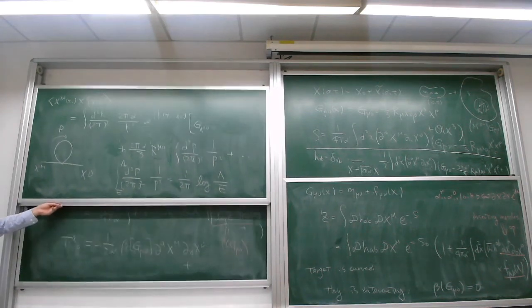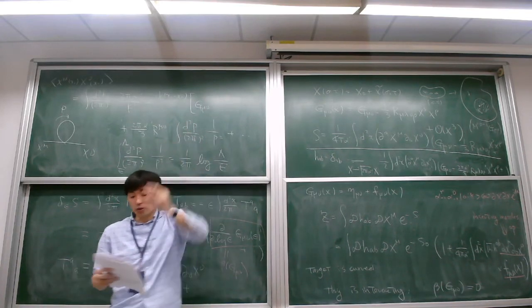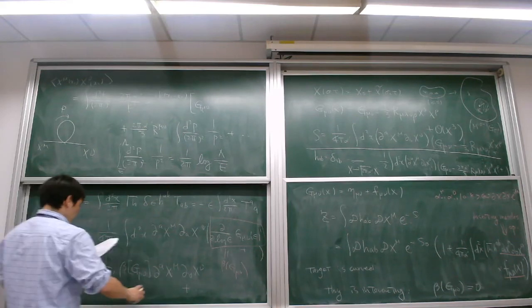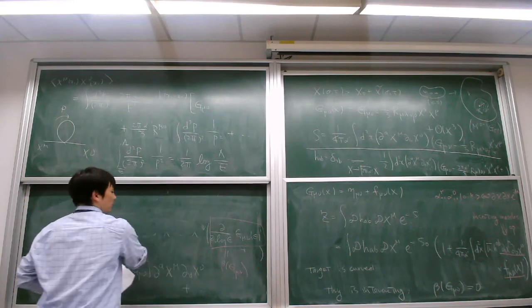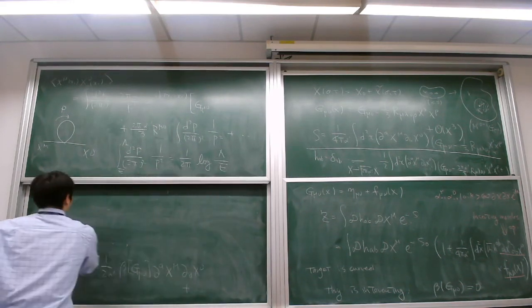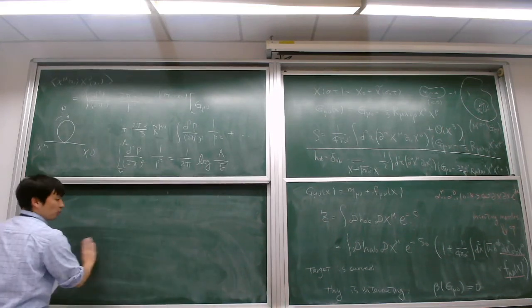That will give you the one loop correction to d g mu nu. I don't have so much time, so I'm just going to be very brief, and I will recap next time a little bit. So this will give you the beta function of g mu nu.